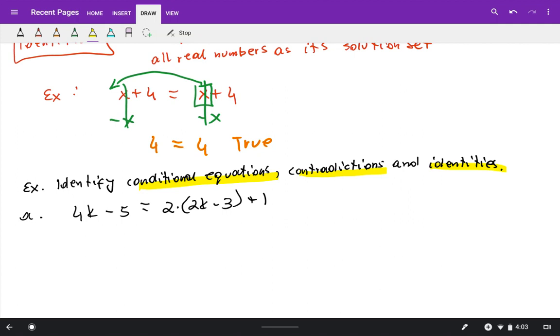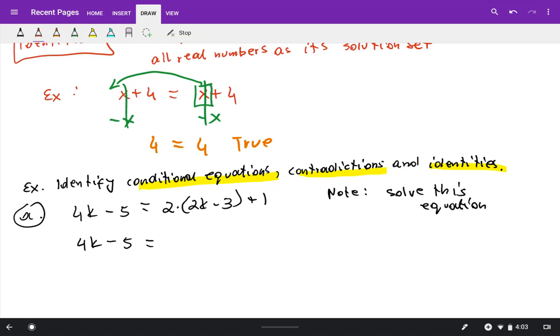Okay, so let's try it. To be able to do it, you need to solve the equation. There's no shortcut. So let's solve it. The left side looks correct, so I'm going to copy it: 4k minus 5.